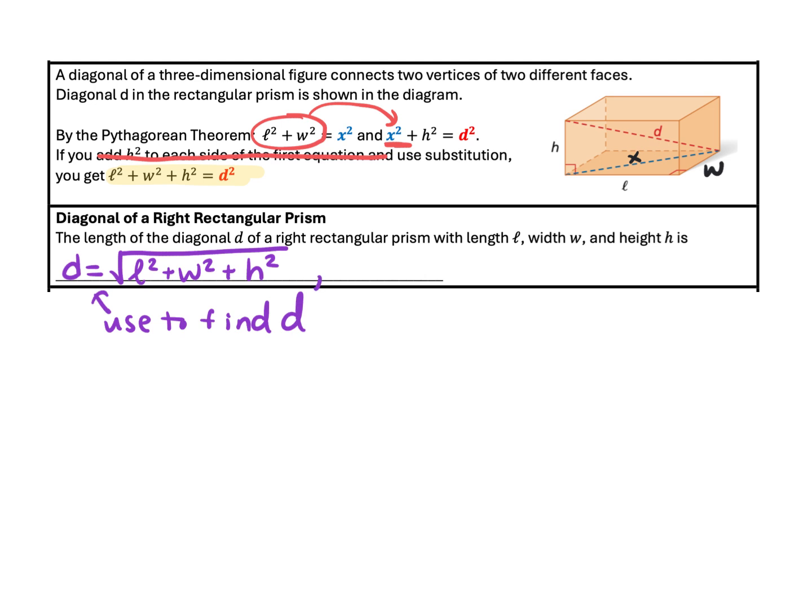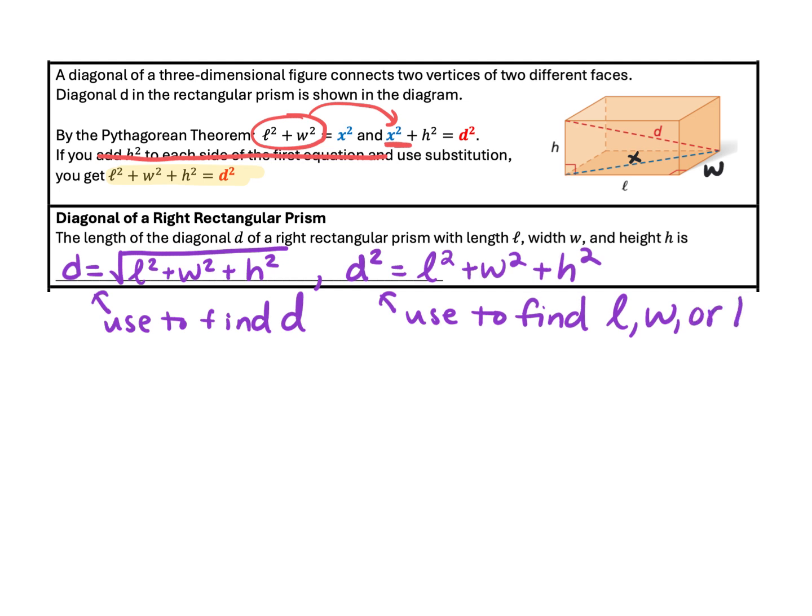You'll want to use the other form, where there's D squared and no root, so D squared equals L squared plus W squared plus H squared, if you want to find a missing L, W, or H. Finding the diagonal, it's definitely easier if you just use the one that already has the square root in it.